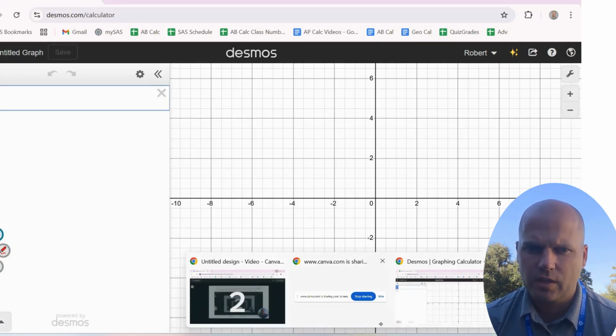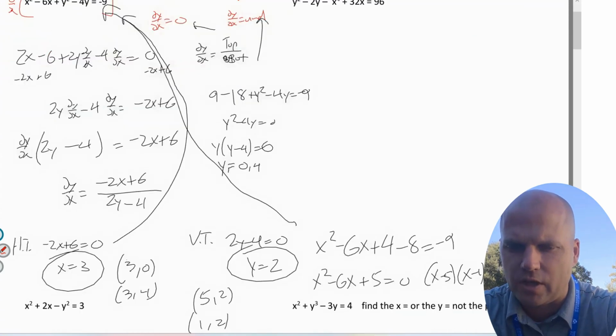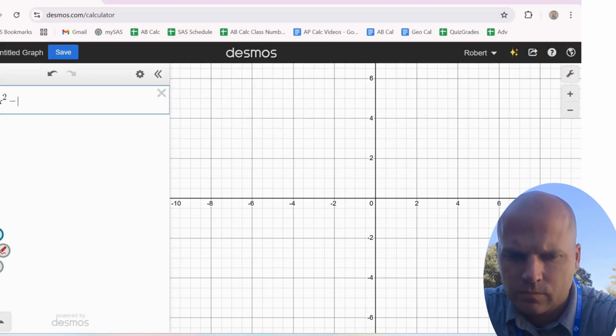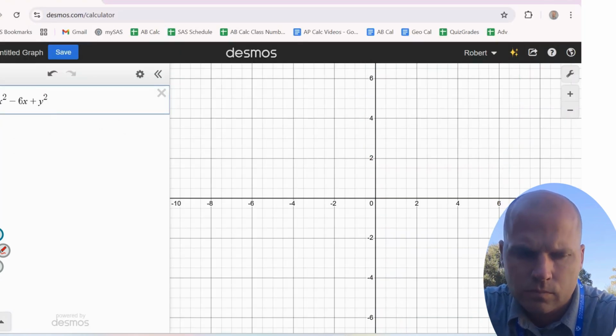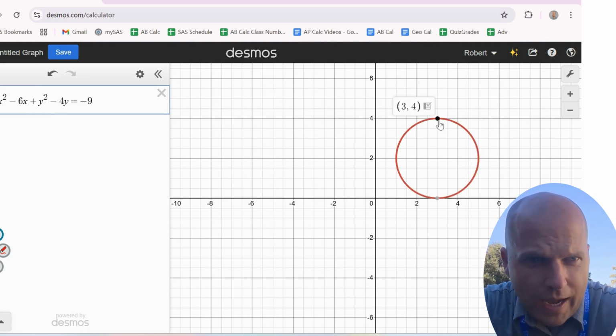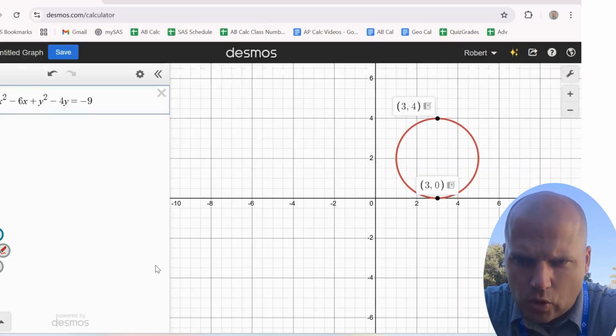My favorite thing about this unit is the ability of checking your work graphically using Desmos. X squared minus 6x plus y squared minus 4y equals negative 9. We got 3, 4. We got 3, 0. That looks right. Horizontal tangents.